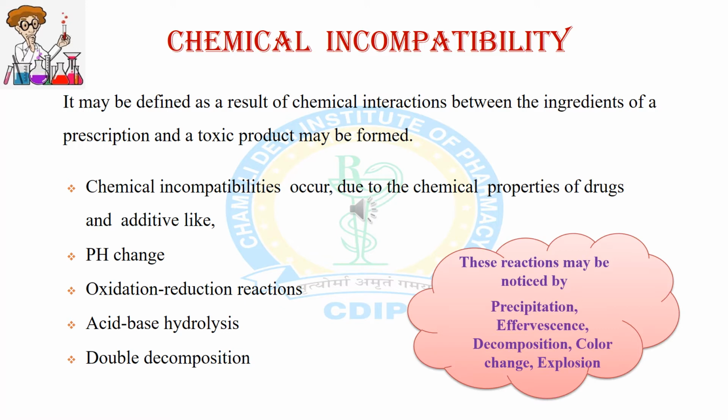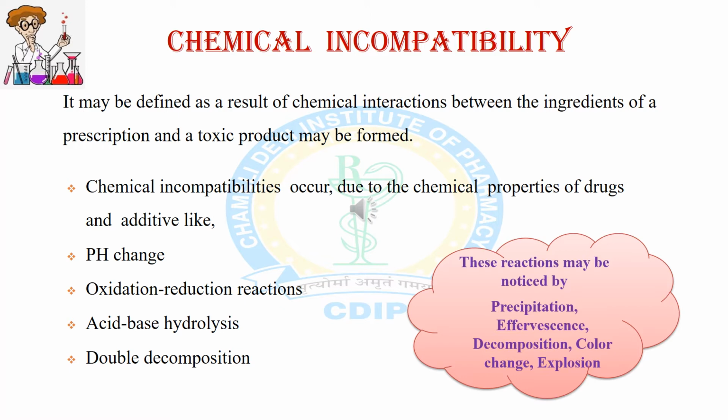Incompatibility is defined as when we mix two or more substances, they form an undesirable product which may affect the safety, efficacy and appearance of the pharmaceutical product. So now, what is chemical incompatibility?